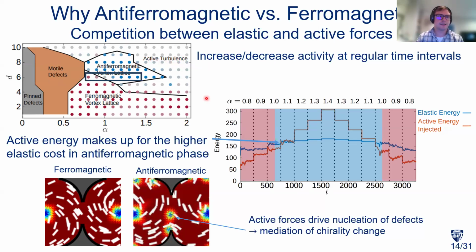We used other measures like the number of defects that were being generated or the statistical properties of the flow. But you can still get somewhat stable positive defects in that phase that eventually will go away. But in the vortex lattice phase, they're much more stable.